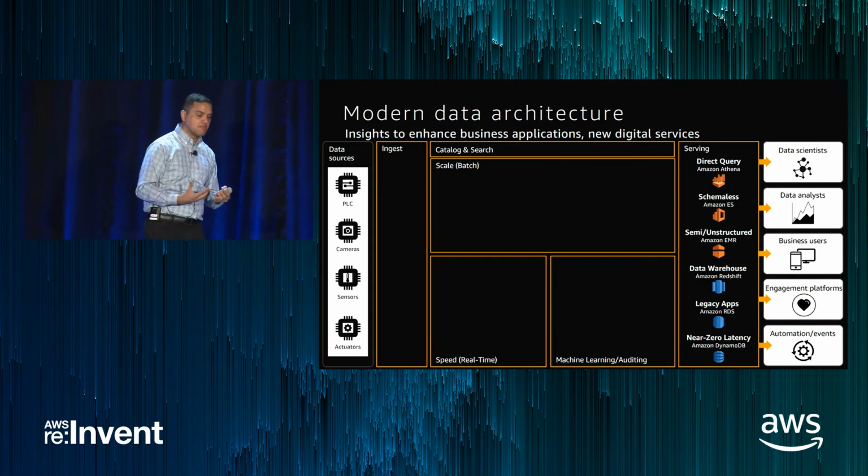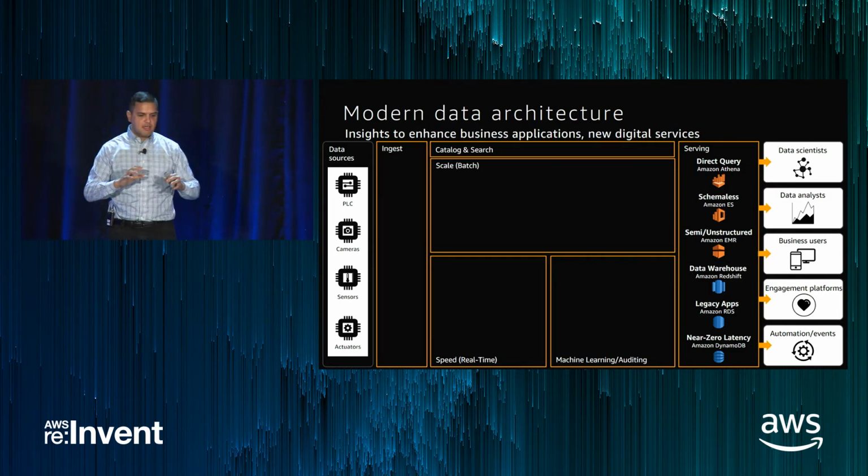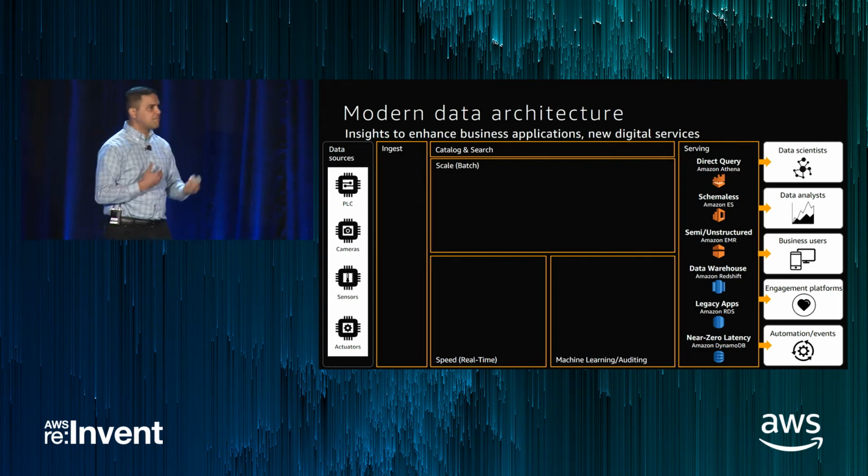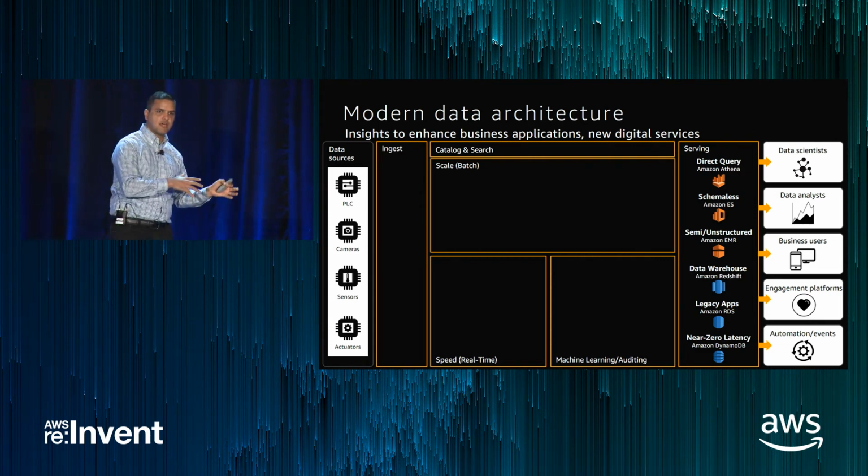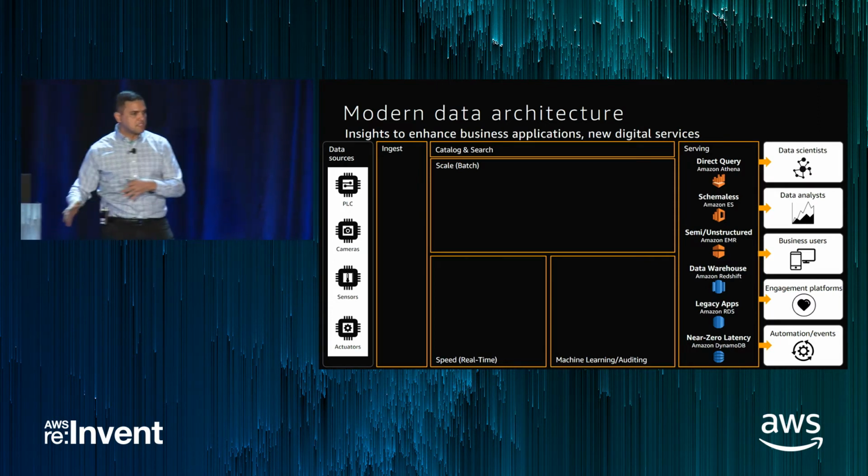And then we move into the automation and the event processing, and we'll actually show you an implementation of that, something that Bart did, at the end of my presentation.